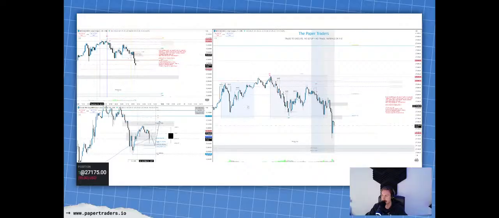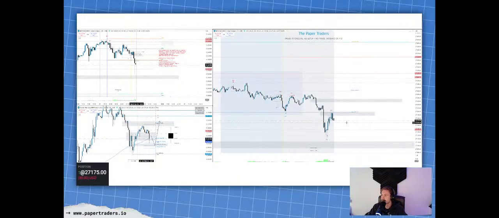Not yet. We'll see it close above this. I don't want to see this swing failure pivot play out. If I add, it's going to bring my average down. Sweeping this.